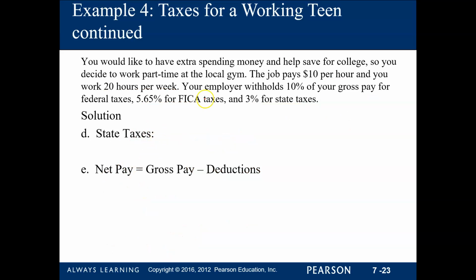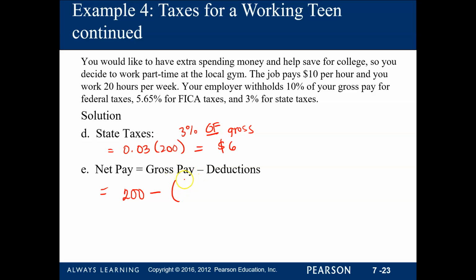State taxes is 3%, again of the gross. Everything is applied to the gross income. So the state tax is 0.03 times the $200, which is equal to $6. The net pay is your take-home pay. It's the gross pay, which is $200, minus all the amounts getting deducted.